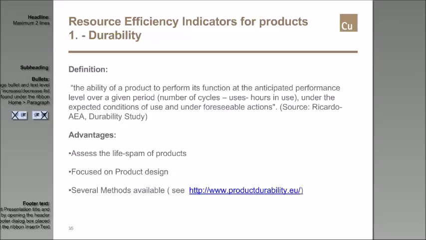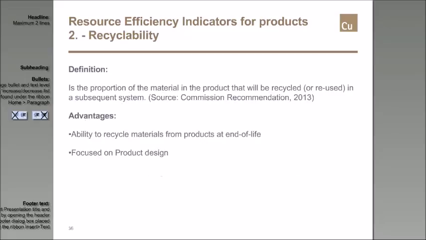But the advantages of having this clear definition of durability is that it helps us to assess one of the main concerns we have seen, life of products. It's focused on product design, and indeed there are several methods that of course could be used for different products.